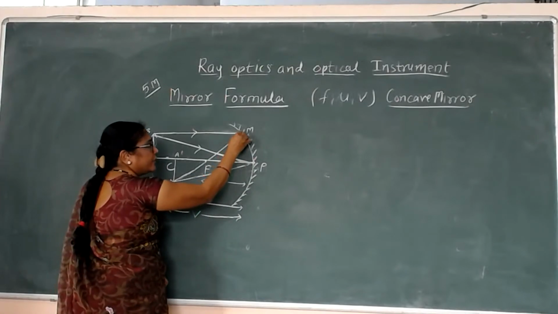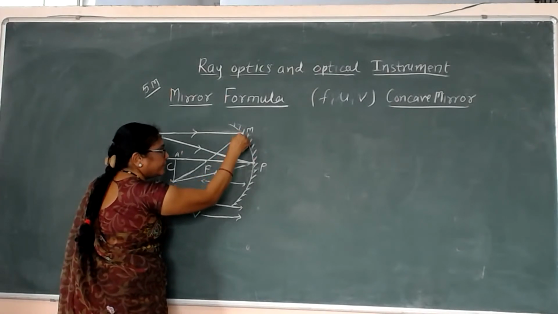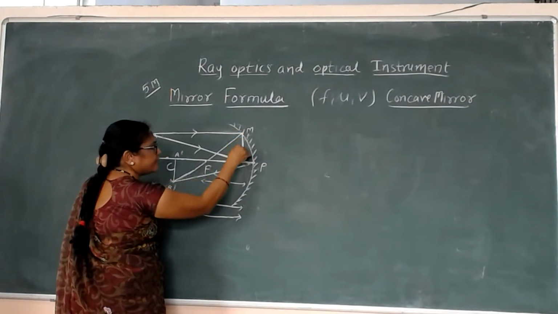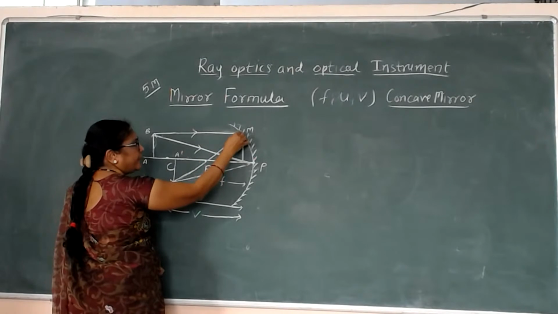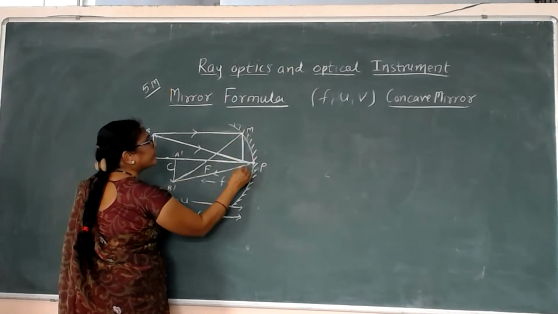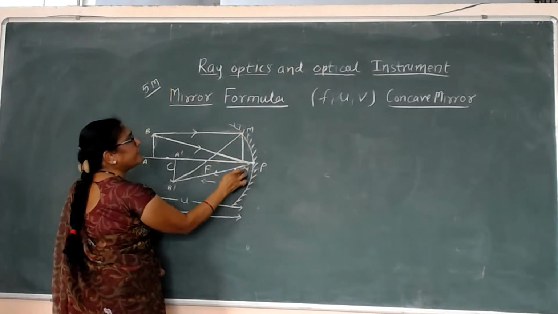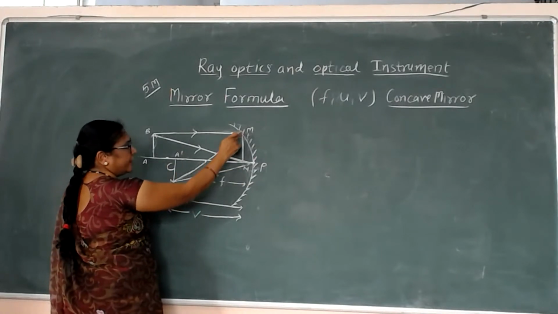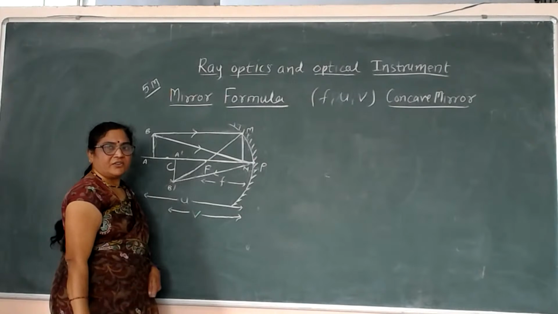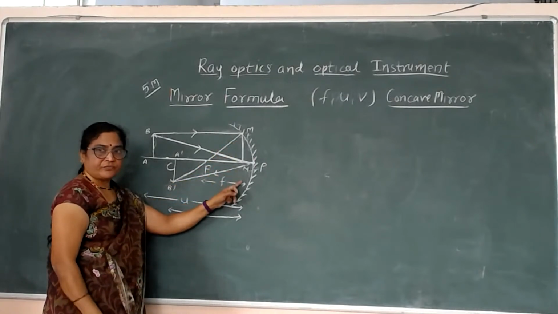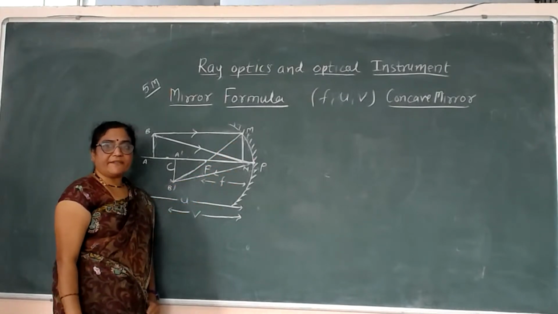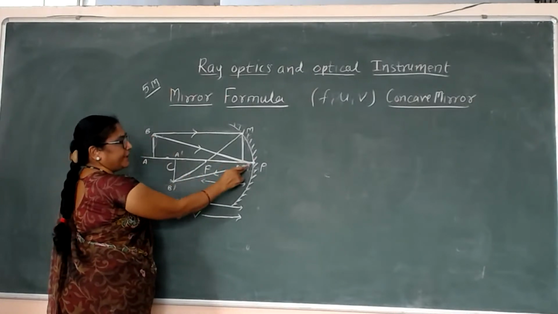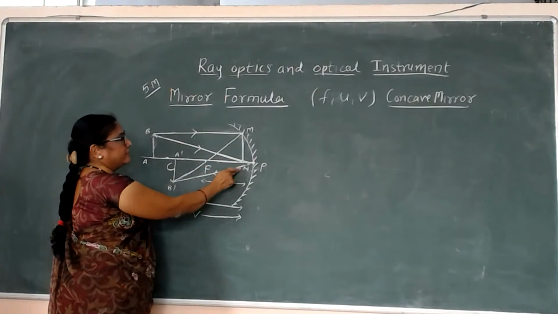Draw a perpendicular from the point M to the principal axis, that is MN. Then consider the two similar triangles, ABP and ABN.